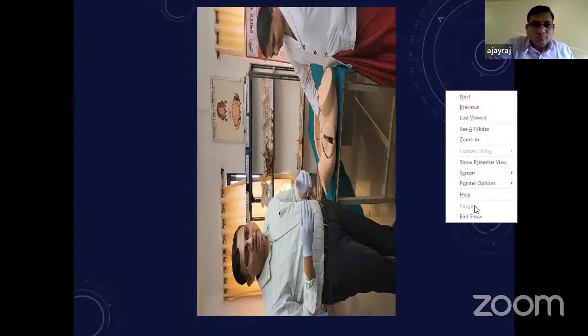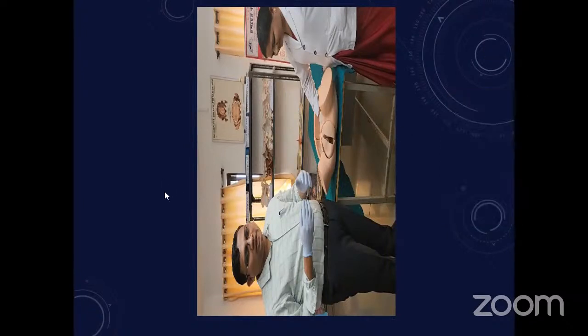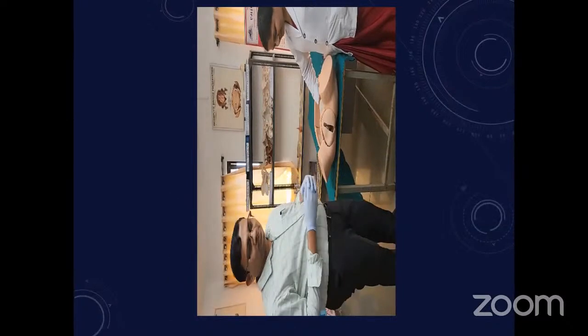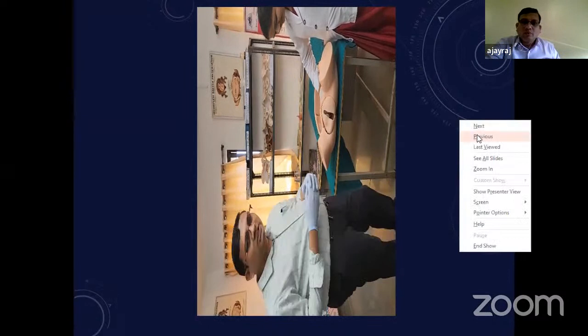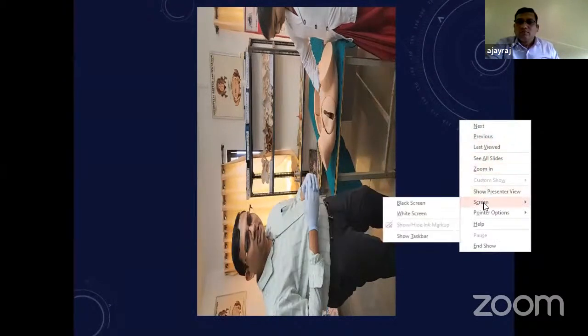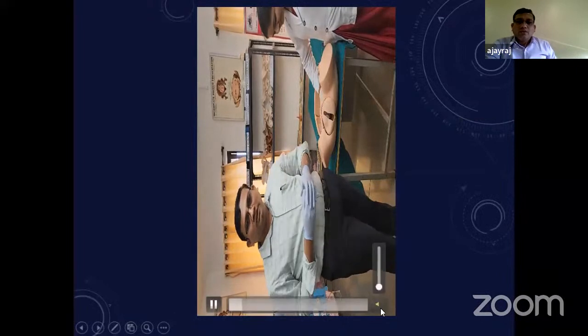I'm not seeing the option here for screen rotation. Just now you did, sir. A few minutes back, you rotated the screen. Just try it once again, sir. No, the option is not here.